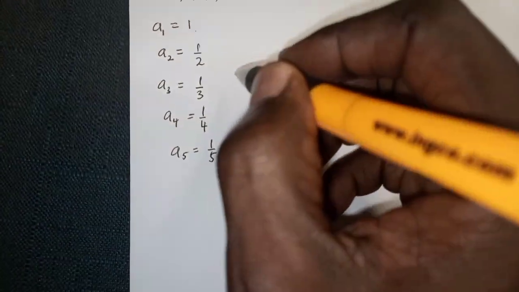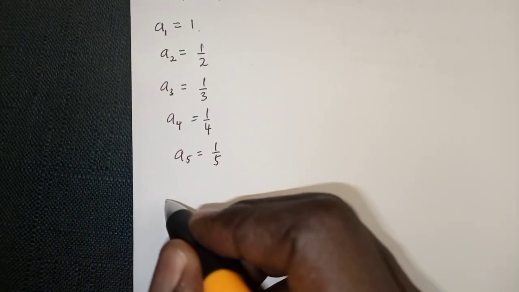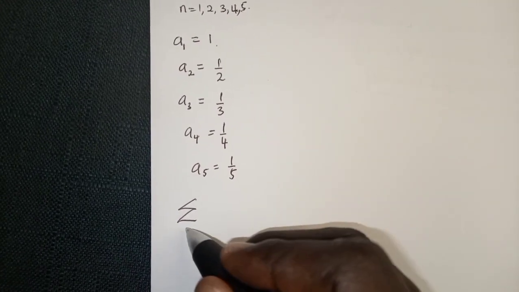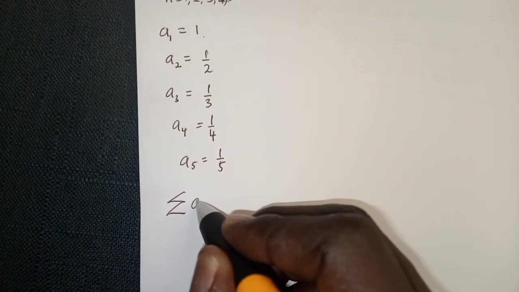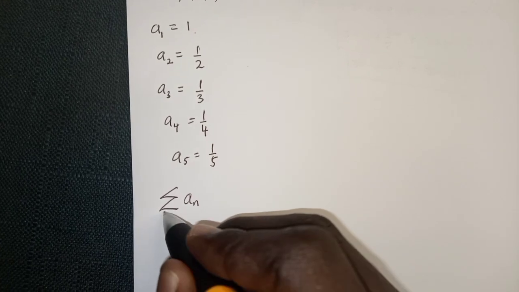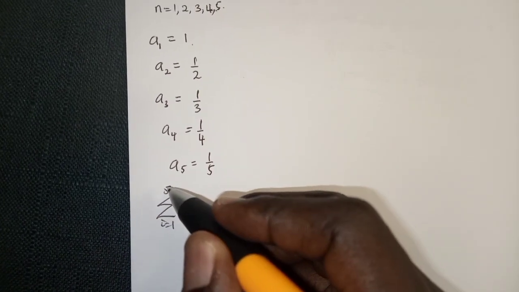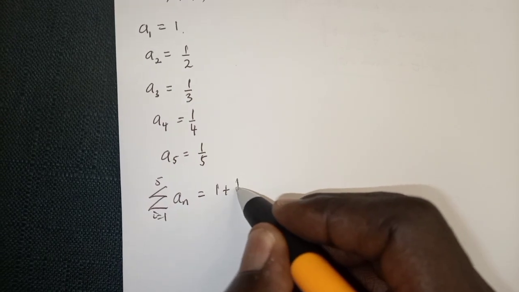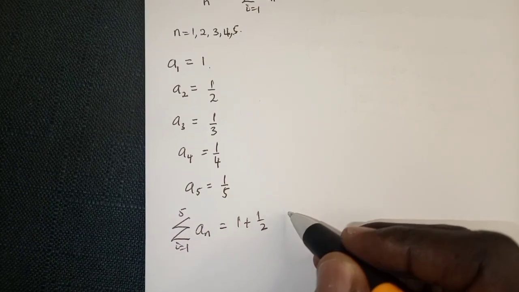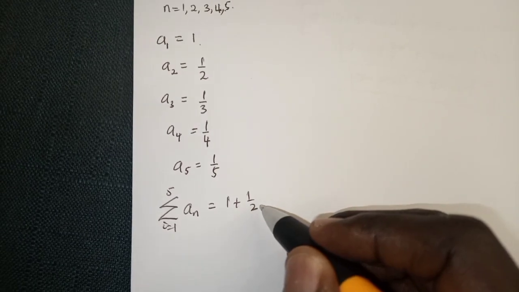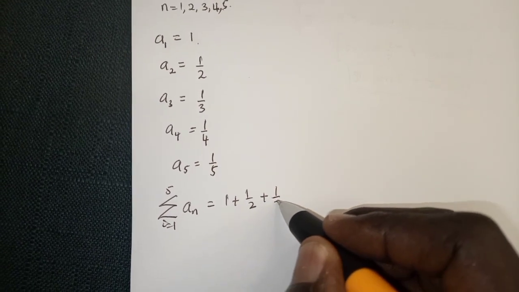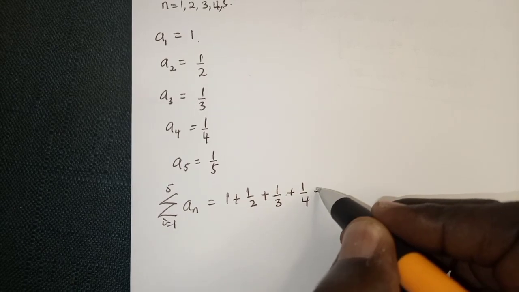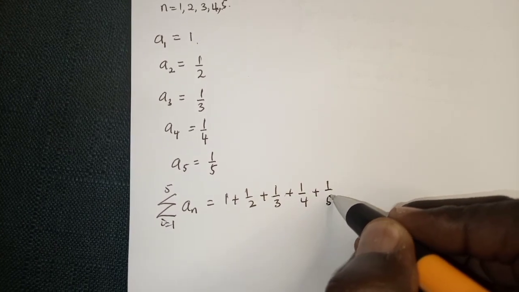So you have the summation of a sub n from 1 to 5, which will be equals to 1 plus 1 on 2 plus 1 on 3 plus 1 on 4 plus 1 on 5.